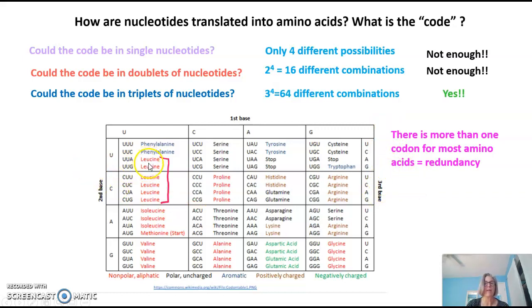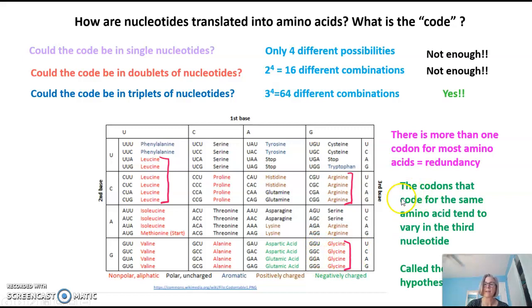If you look here, for the amino acid leucine, there are 6 different triplets or 6 different codons that code for the amino acid leucine. If we look here for the amino acid arginine, there are 4 different codons that code for arginine.